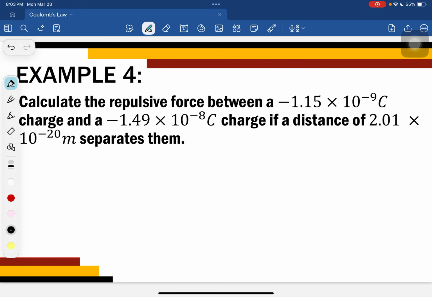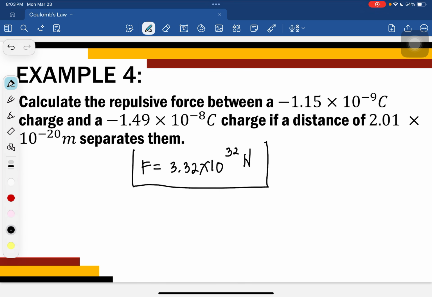I won't be solving this anymore in this video because I still have one longer problem to solve in a bit. So you should be getting an answer which is F equal to 3.32 times 10 to the negative 32nd power newton. Maybe you can just do this on your own for practice, but I give you the answer.